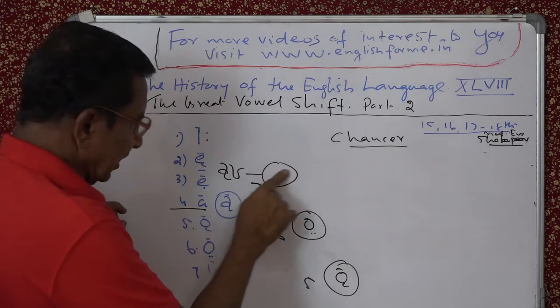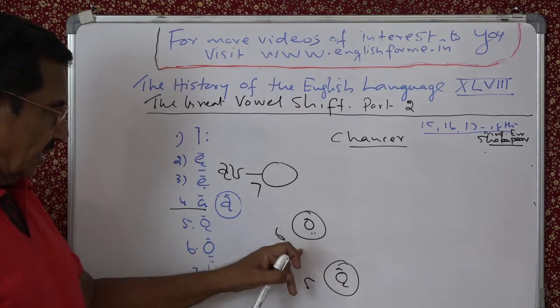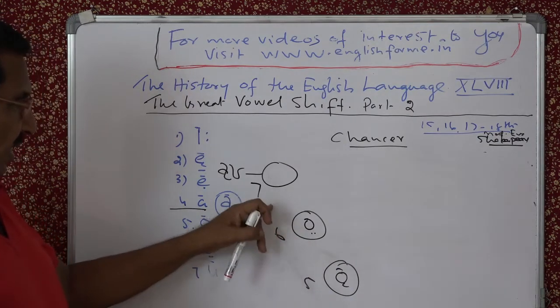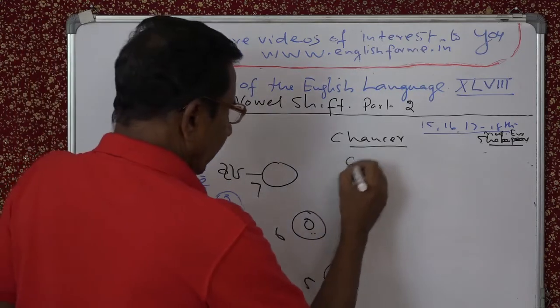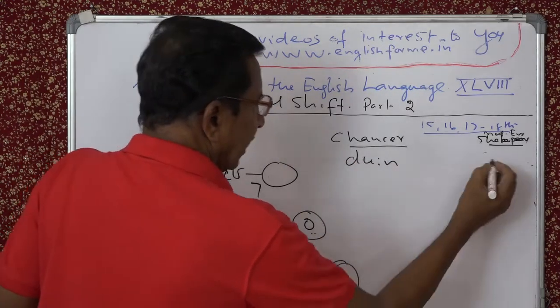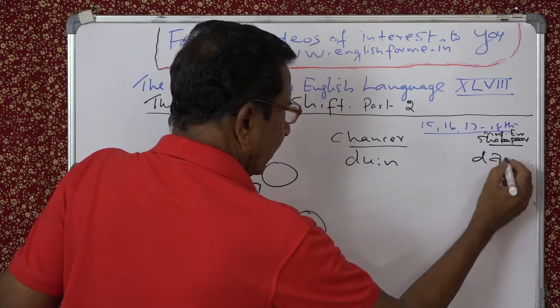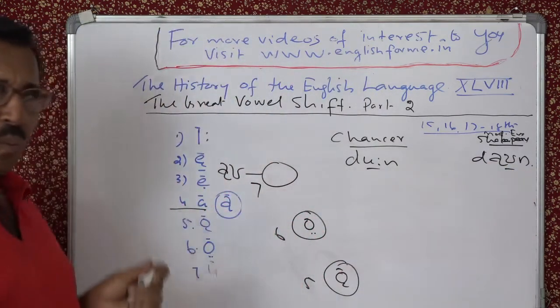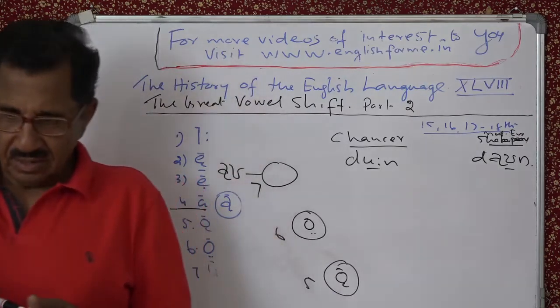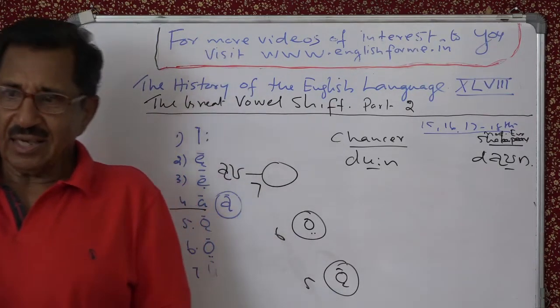So this is not here. Then the example is Chaucer, it was doon, and Shakespeare, it is down. See that? Oo became ow. Understand?